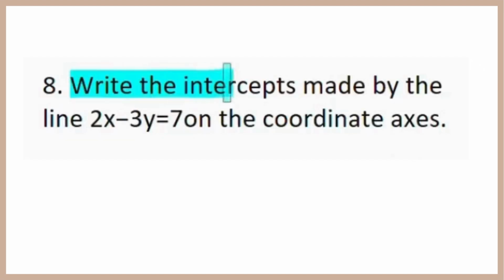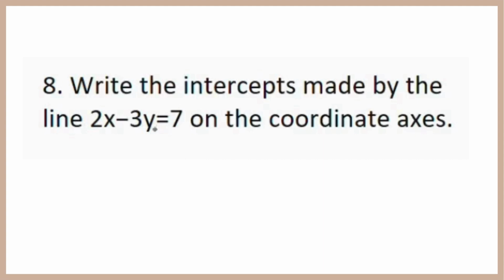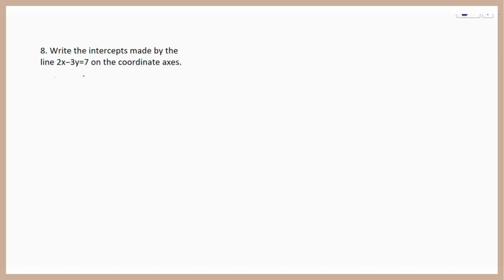In question number 8, we have to write the intercepts made by this line on the coordinate axis. So what we know is that on the y-axis, the x coordinate is 0, and on the x-axis, the y coordinate is 0. So for example, if I find the x-intercept, we'll set y equals 0.